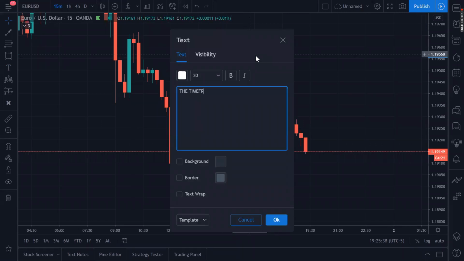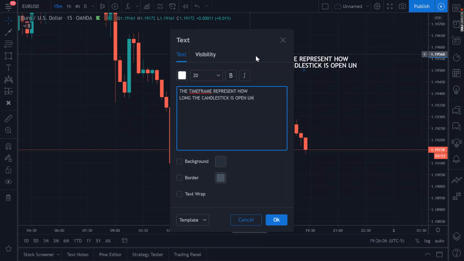The time frame, write this in your notes, represents how long the candlestick is. The time frame represents how long the candlestick is open until close.